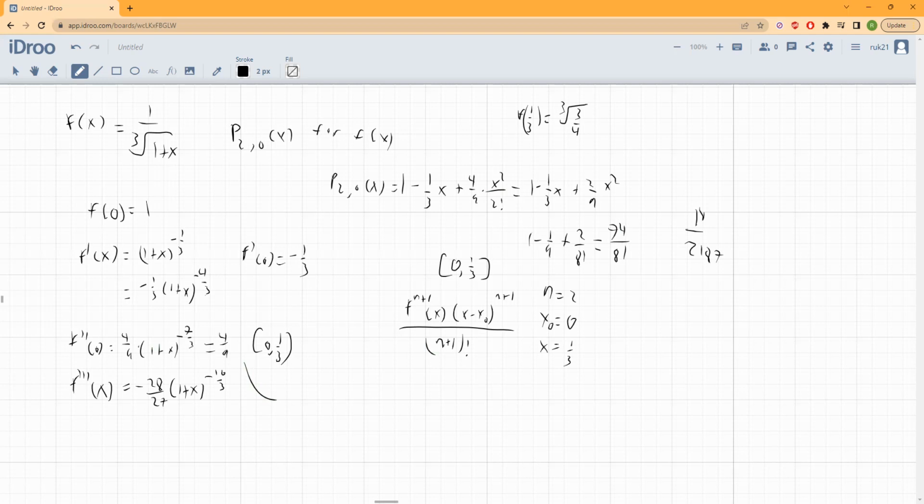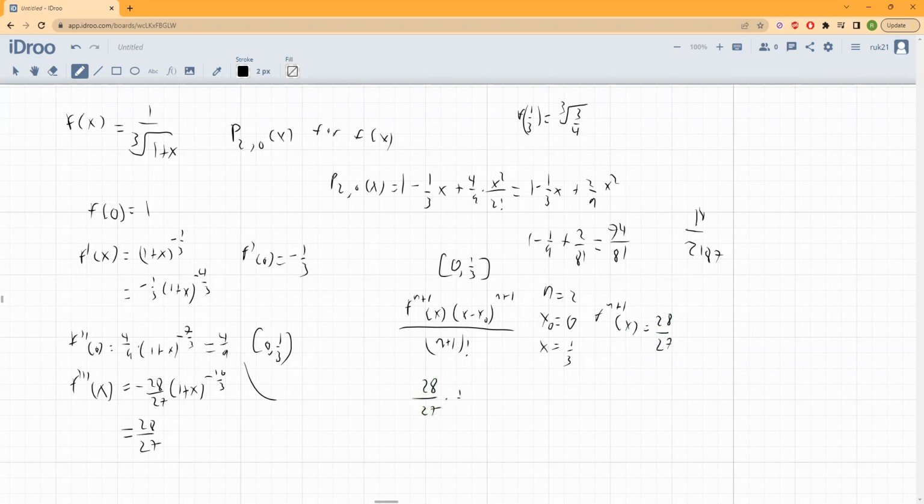So that's why we're plugging in 0 and getting 1. So the result is 28/27, and it's not negative 28/27 because we have the absolute values there. Finally, we have all the information we need: the n plus 1 derivative at x is 28/27.